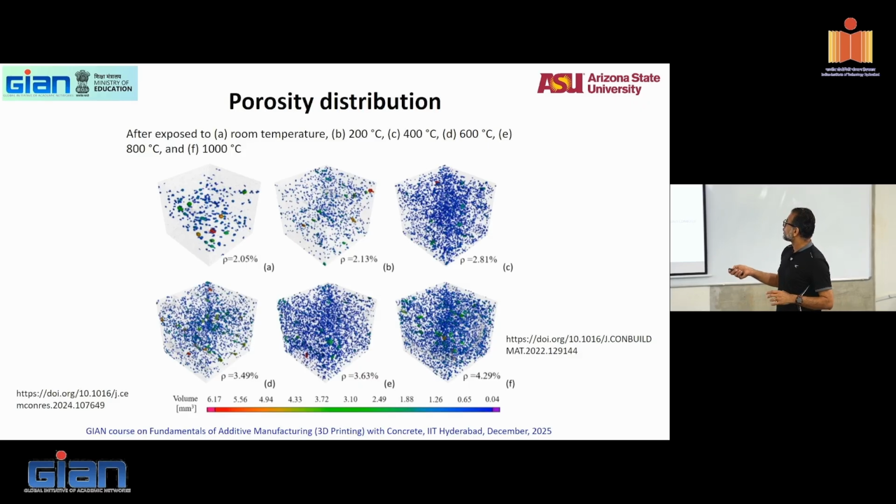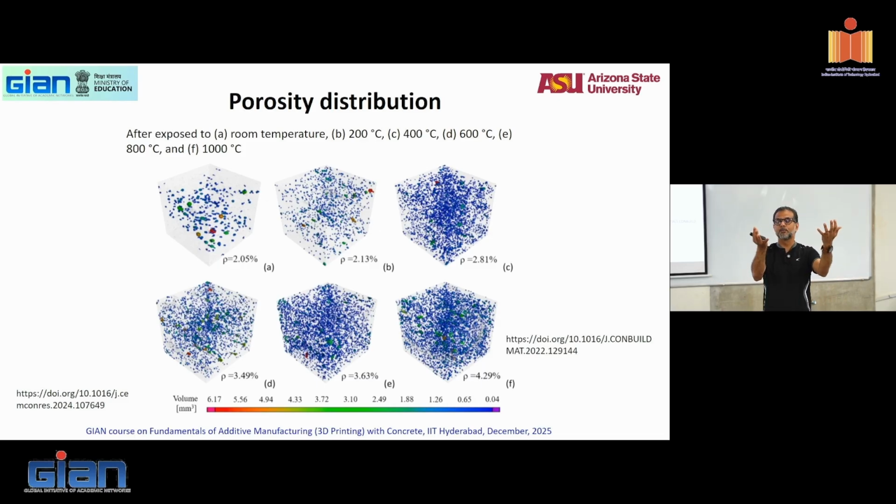Okay. What happens to porosity distribution after exposure to higher temperature? Some people want to use 3D printed concrete subject to high temperatures, for example, as supports for solar collectors. When sun comes in, you want all of those shields, reflectors, and supports for those solar reflectors.